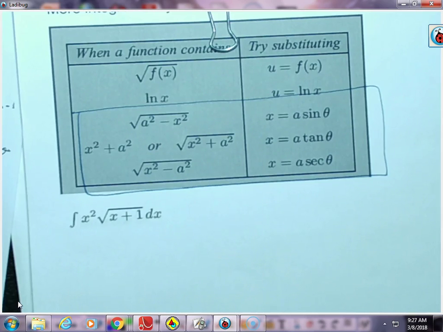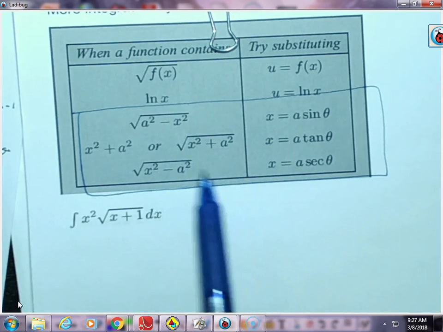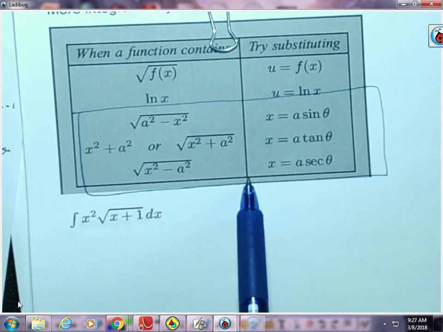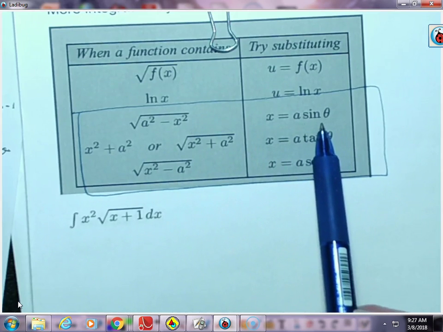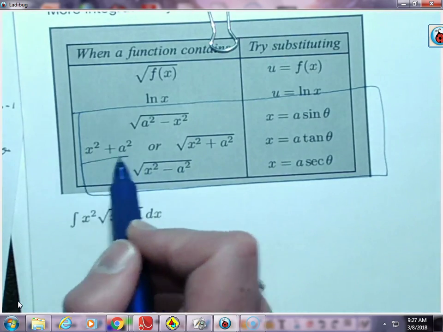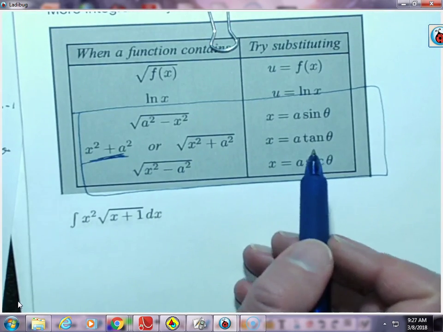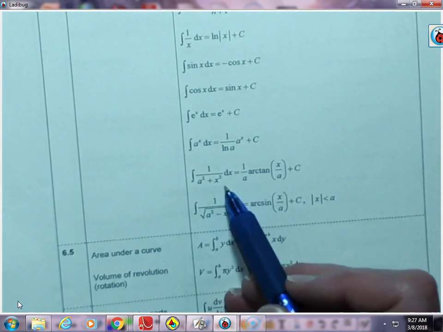Now, these others would be difficult for me to figure out, like what trig substitution I would need for these. Except they look a little bit like the inverse trig rules. Like if you think about the integral for arctan, it is 1 over a squared plus x squared.